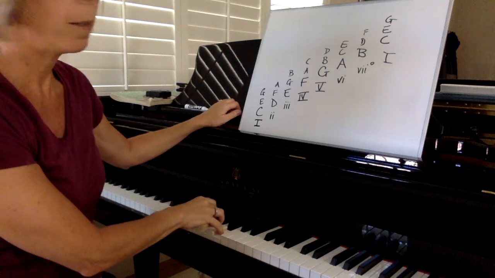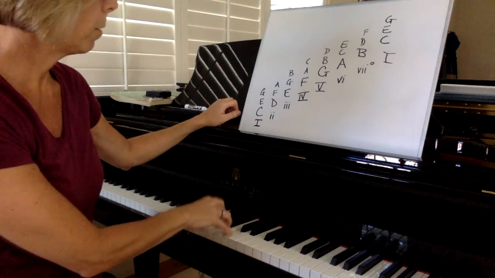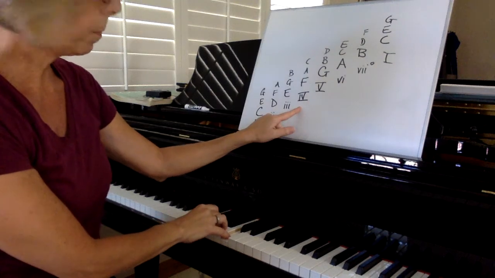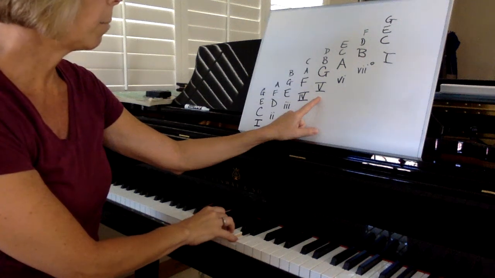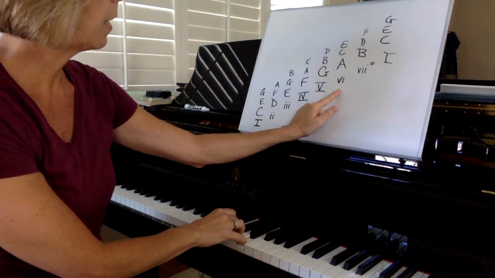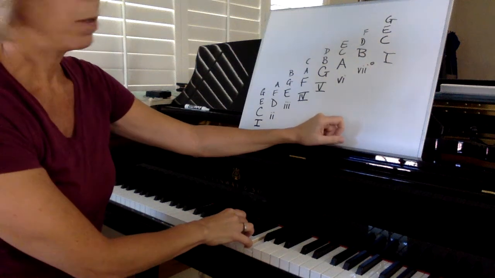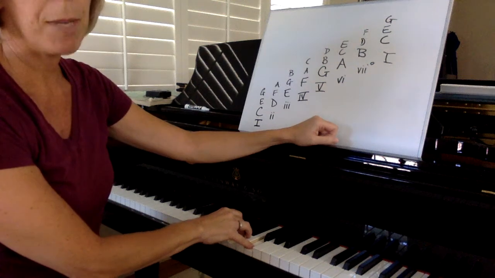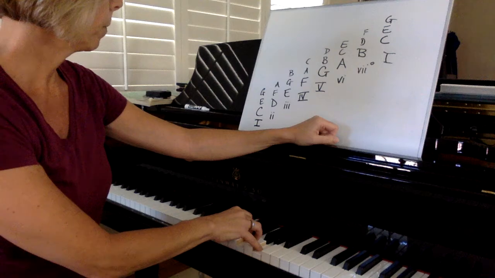The 3 chord, minor, it's called the mediant. 4 chord, also called the subdominant, is a major triad. 5 chord, also called the dominant, is a major triad. 6 chord, called the submediant, it's a minor triad. 7 chord, this is called the leading tone triad, and this is a diminished triad. And then we end up back on tonic.